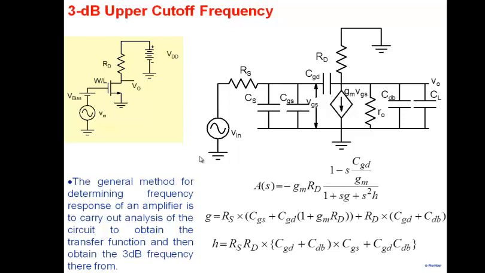These are the values. G equal to so much, H is so much here, and all the expressions are in front of you. Now, how do I find the 3 dB from here? You will require maybe half a page or 1 page to fill it up, to do this. So you get this expression. How do you find 3 dB?